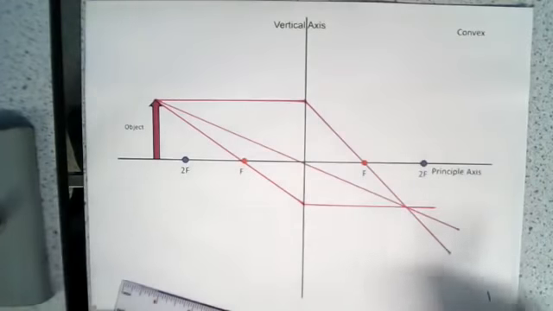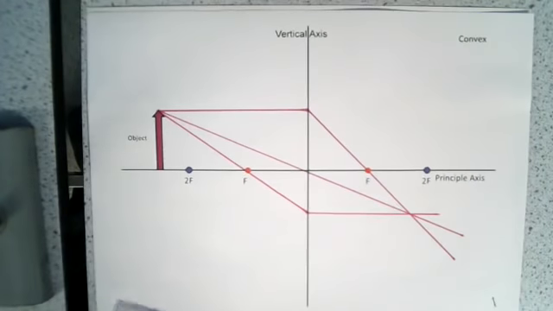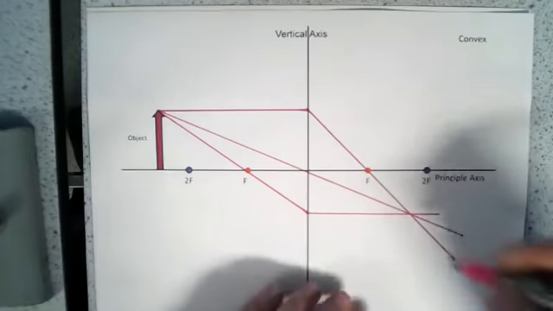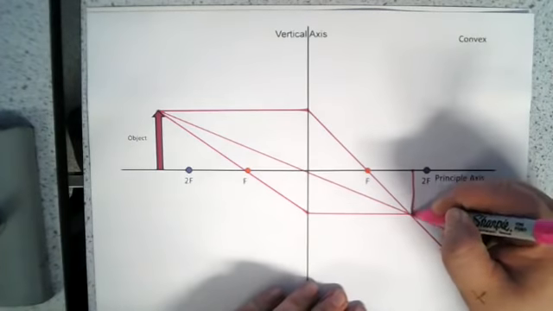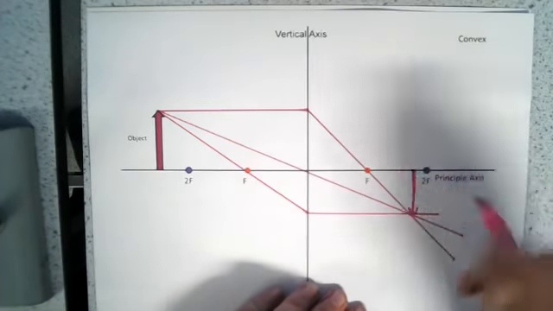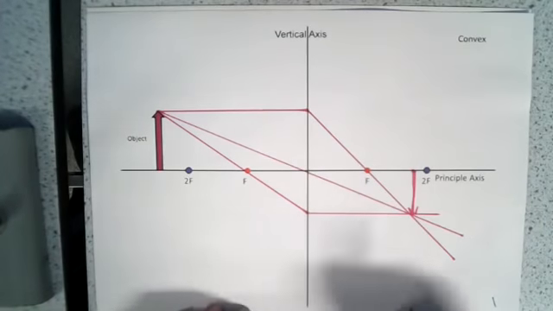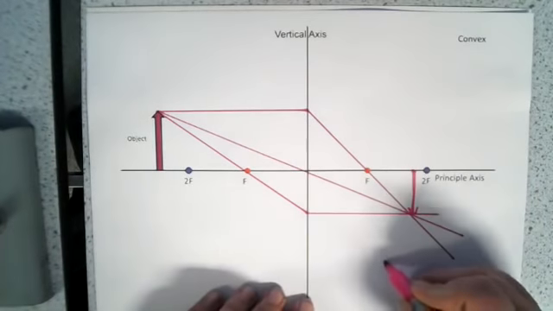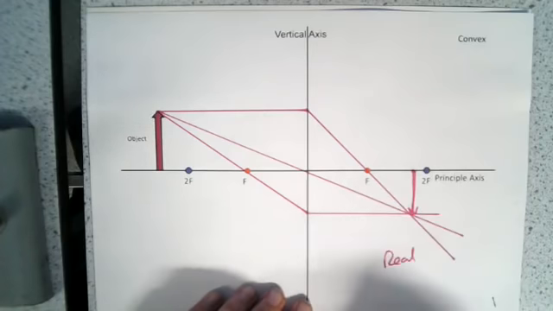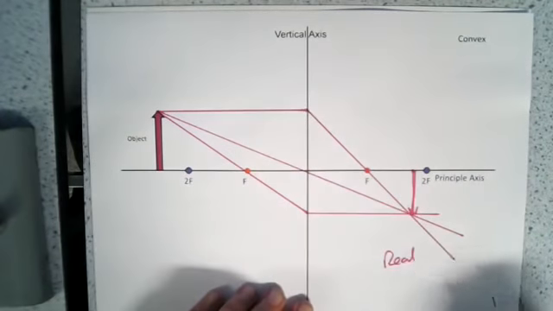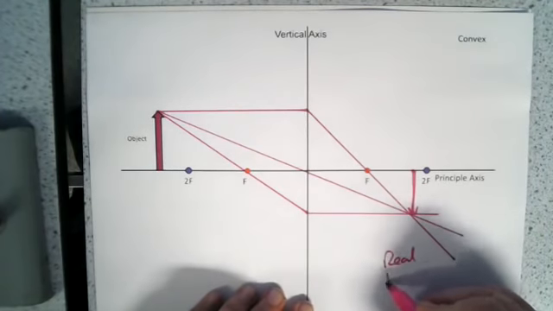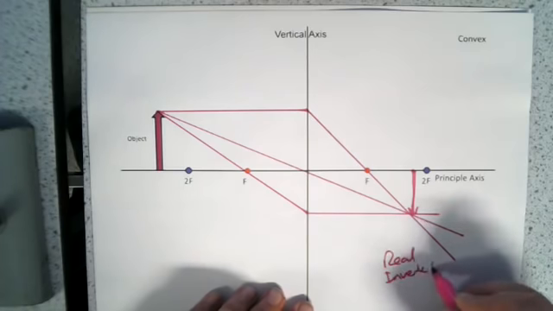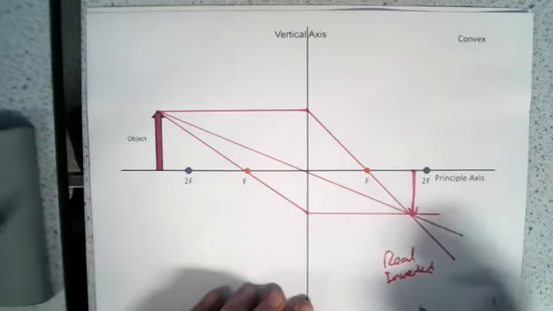Now, where all 3 lines join together, okay, that's where our image is formed. Now, because we could project that image onto a screen, we would say that that's a real image, okay? It's upside down compared to our object, so we'd say it's inverted. And we can see that it's smaller, so it's diminished.